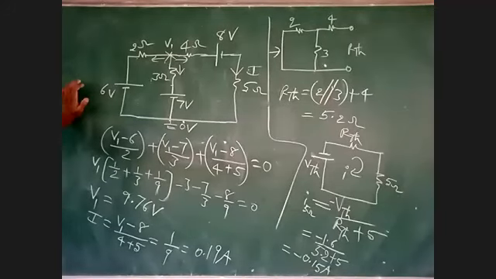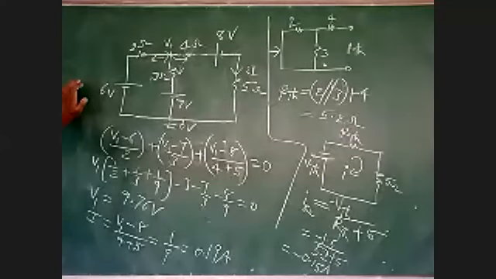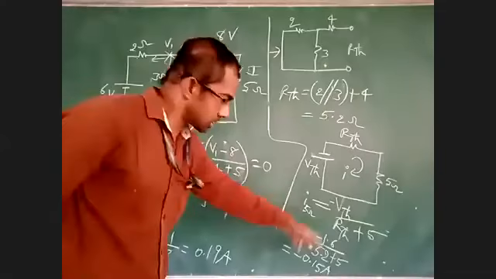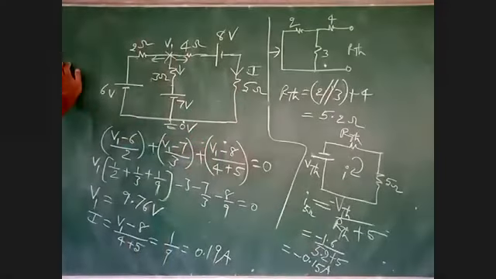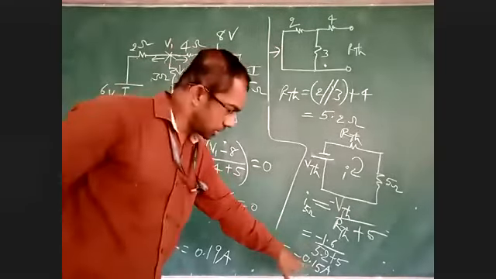It is minus 1.6. Yes sir. Okay, minus 1.6 you are writing, that is okay. 1.6 by 10.2, how much? This much you are getting? Yes sir, 0.1.